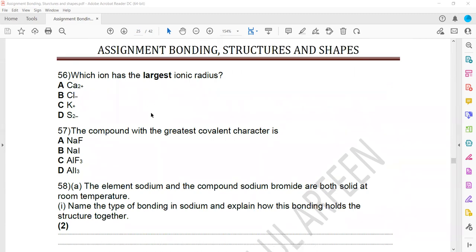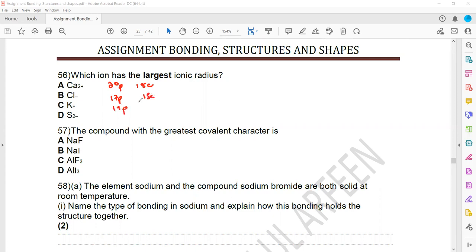Then question 56: which ion has the largest ionic radius? You will check: this will have 20 protons, 18 electrons. This will have 17 protons, 18 electrons.